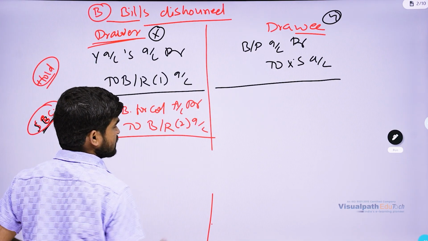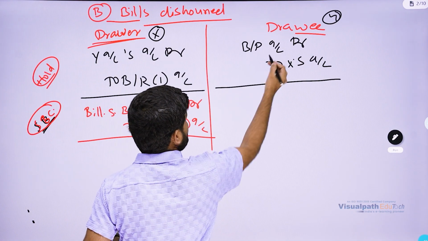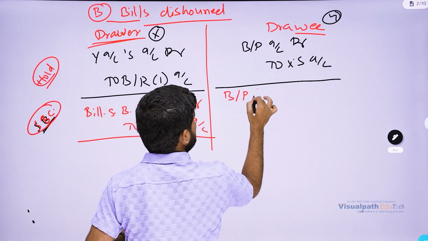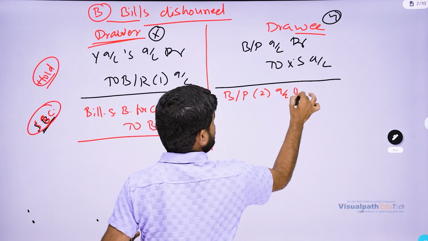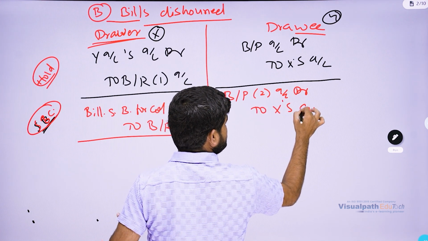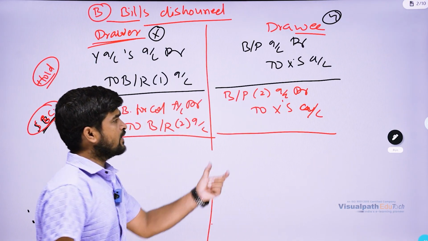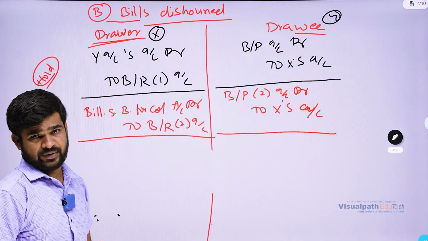This is the dishonor entry. Whereas the dishonor entry in the books of the drawee will be the same: bills payable account debit to X account. This is the second entry recorded for the dishonor in the books of the drawee.